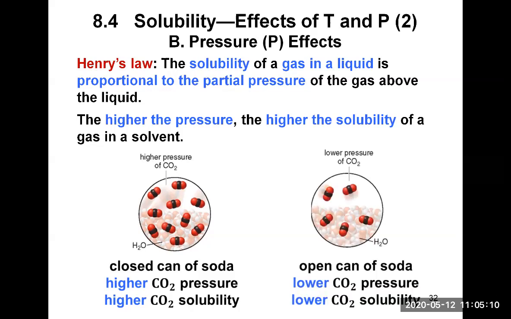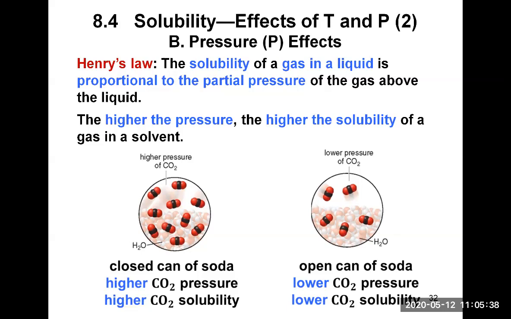Now, when you're opening the can, you are releasing the pressure. The pressure now is not high anymore, it's just atmospheric pressure. And so this lowers the pressure of CO2 above the liquid. And so the CO2 inside the liquid will be less soluble, and this will make it come out of solution.